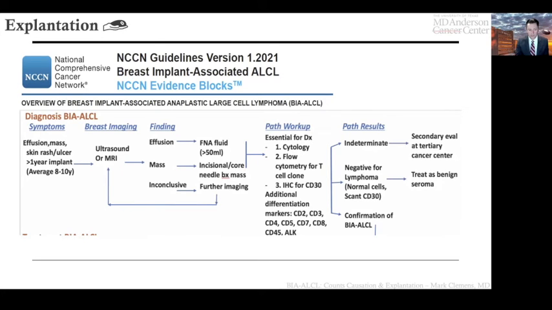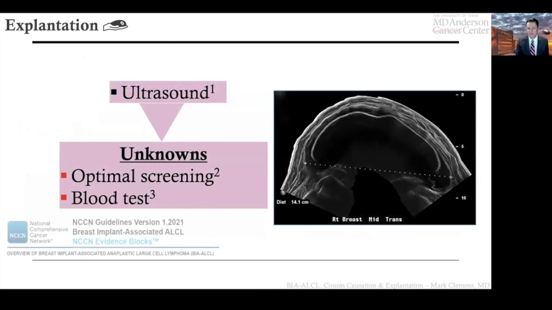If this occurs, patients are encouraged to have an ultrasound evaluation that is then aspirated and tested for CD30 immunohistochemistry. That is the diagnostic test of choice for this lymphoma. If the test comes back positive, then that patient should be taken to the operating room for surgical resection.